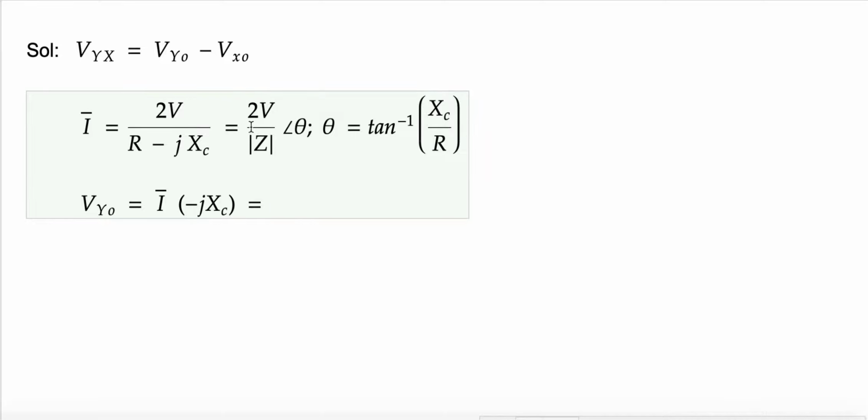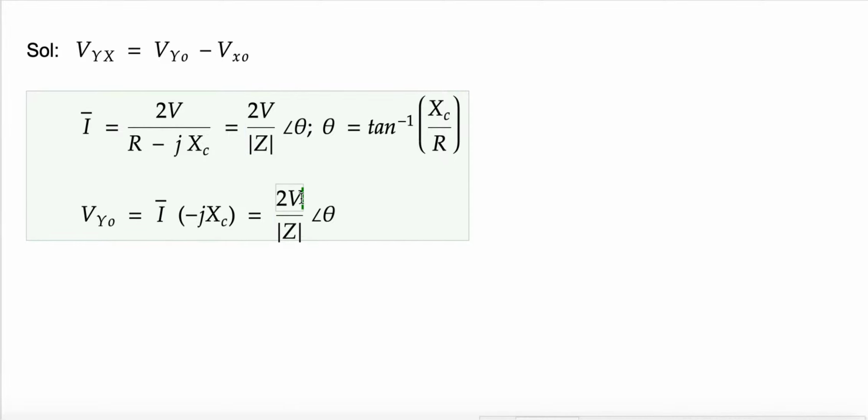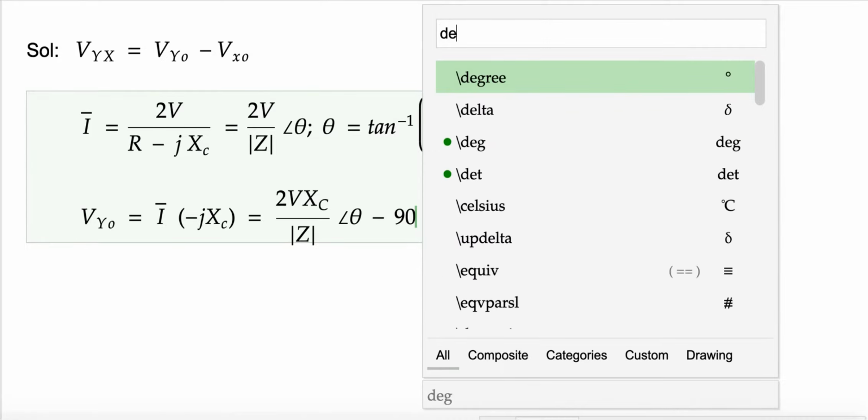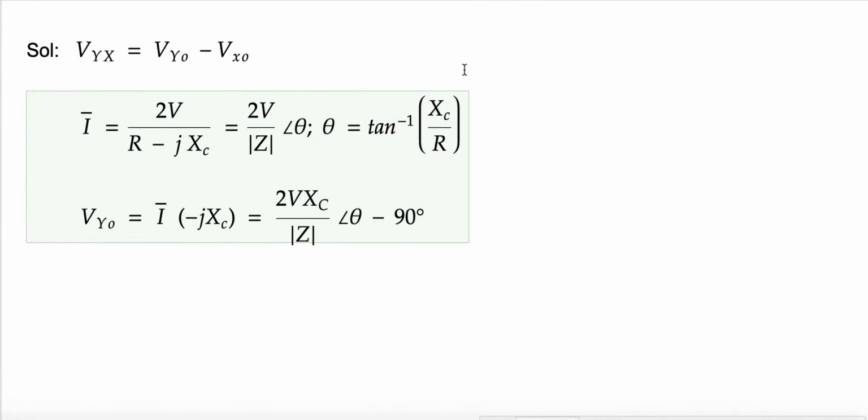This is what I is, 2V by mod Z. So let it be converted into this form: 2V, fine, Xc comes here. This becomes theta minus 90 degree. Minus j means minus 90, so theta minus 90.